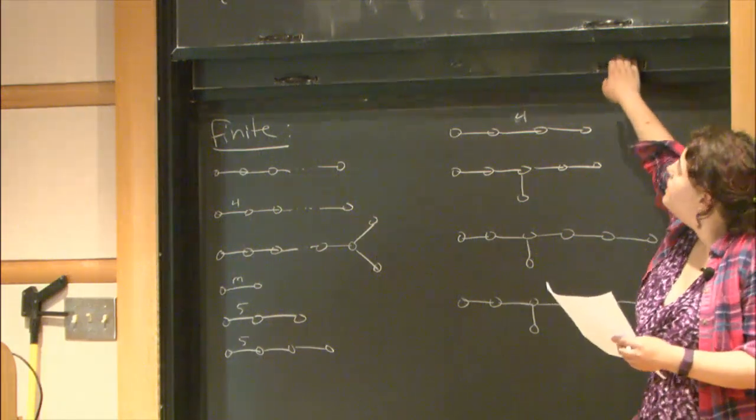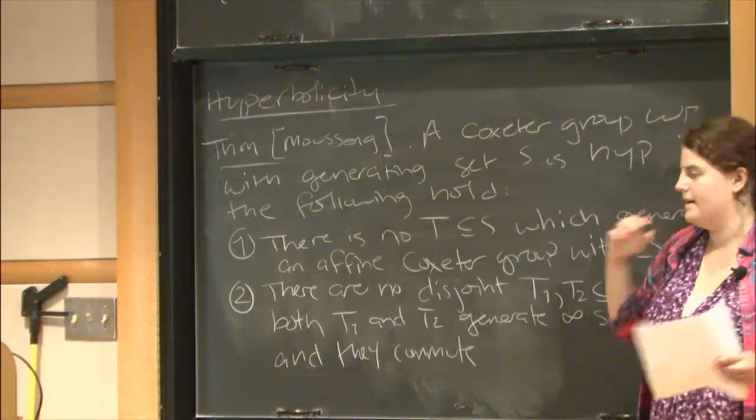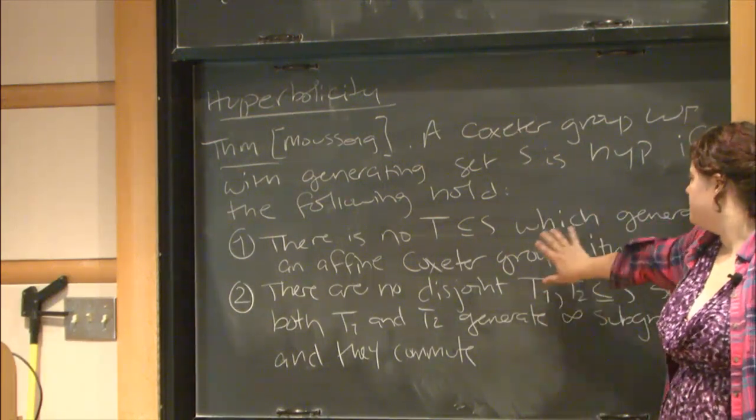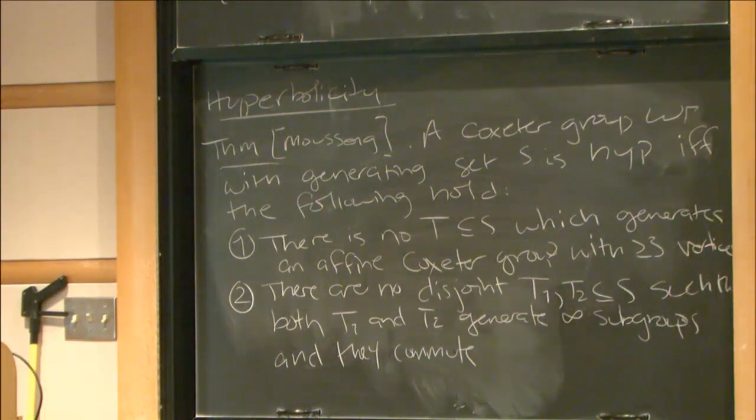Okay. But anyway, the point of this is we've taken this condition of hyperbolicity that we're interested in, and we can see both of these conditions in the graph. So now we can do some random stuff and figure out when the group is or isn't going to be hyperbolic.